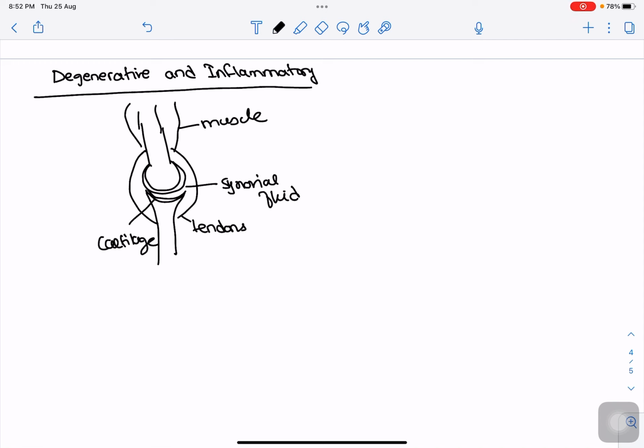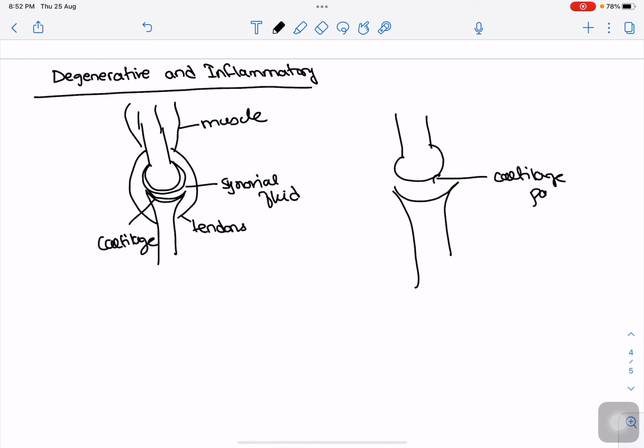Let's have a conceptual picture of what exactly we need to know about this anatomy. If you see the bone of a degenerative joint, you will figure out that there is cartilage particles. That means the cartilage is destroyed, and you would also see a loss of joint space.